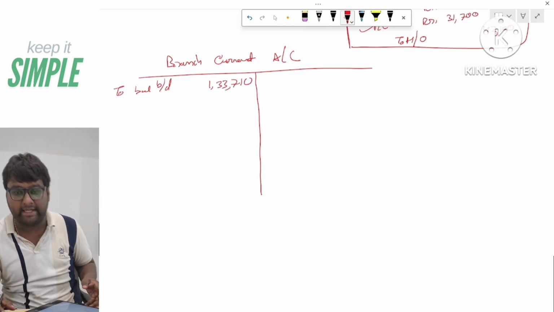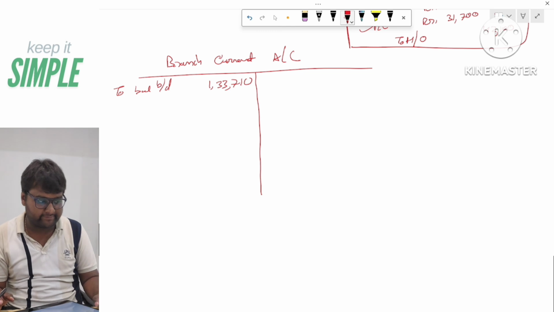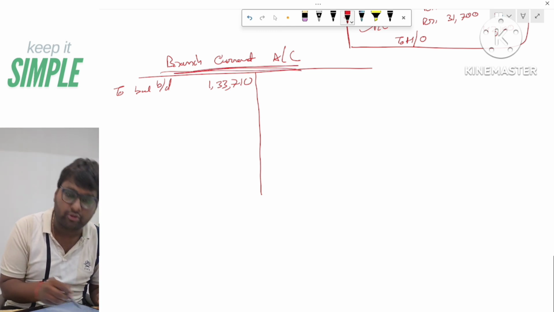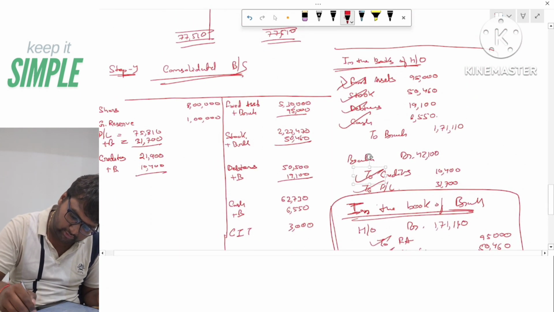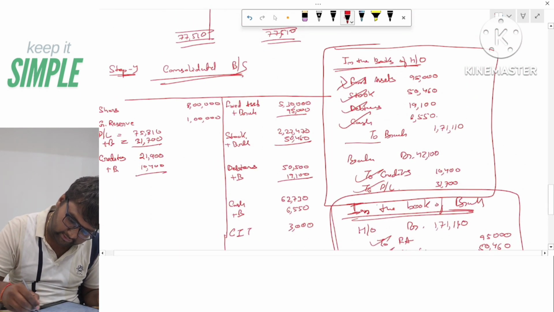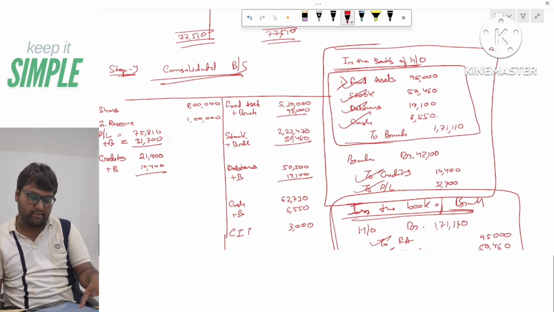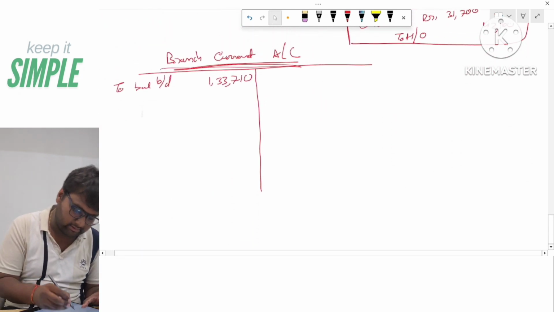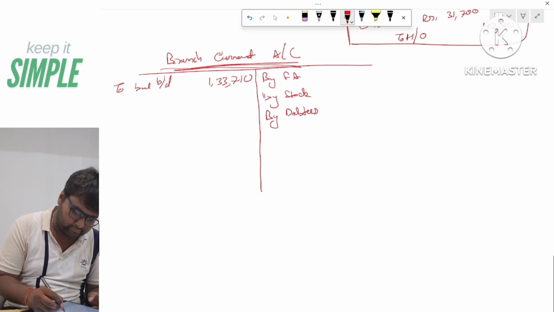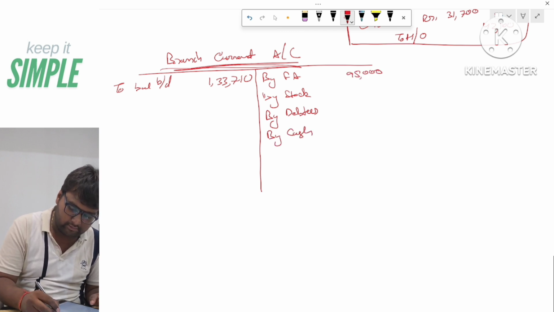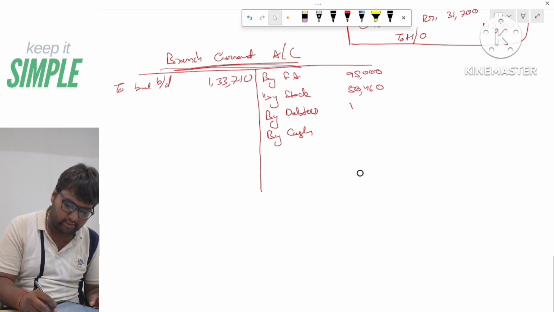133,710. Then we will see what all are the entries which have been passed in the books of head office, because branch current account has been prepared in the books of head office. So this was the opening entry. Then head office books where branch has been included. In this entry branch is included. So we'll write all these things. So to branch means by fixed assets, by stock, by debtors, by cash: 95,000, 50,460, 19,100.